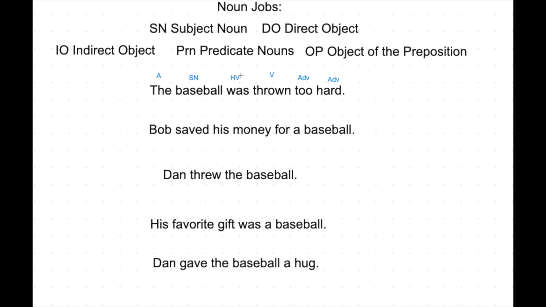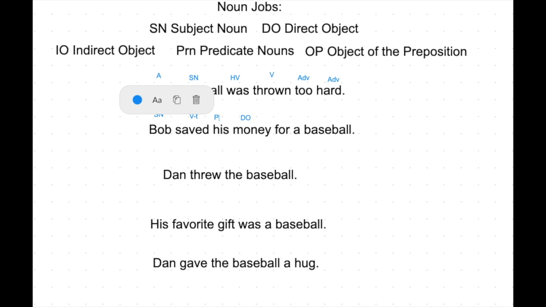Let's look at the next one. Bob saved his money for a baseball. Who saved his money for a baseball? Bob, subject noun. What is being said about Bob? He saved, verb. Bob saved what? Money, direct object. Let's make this verb a verb transitive. Whose money?